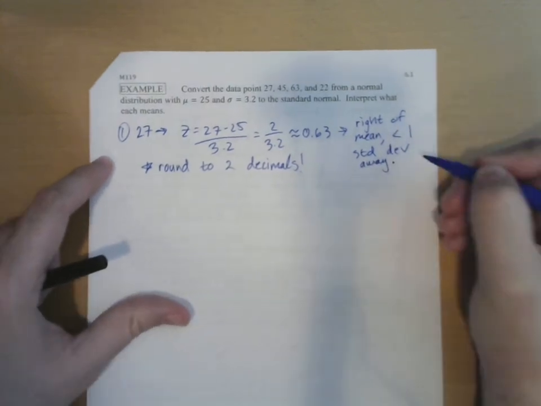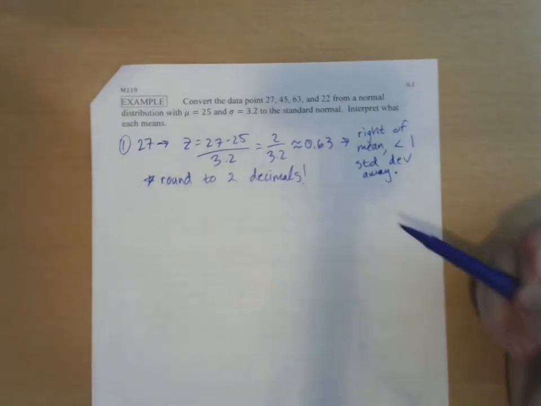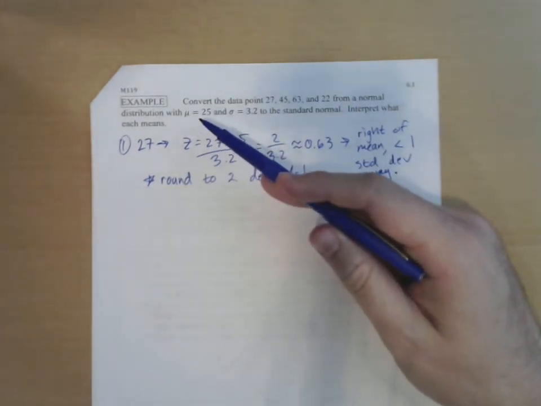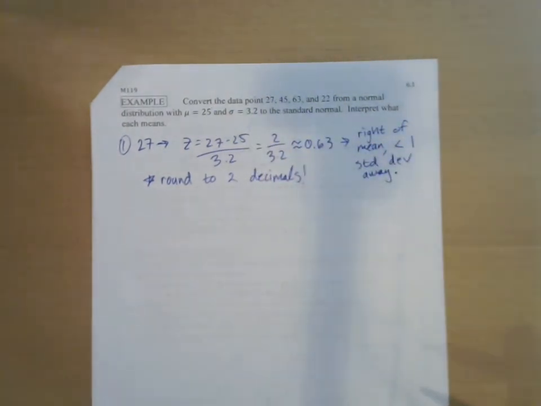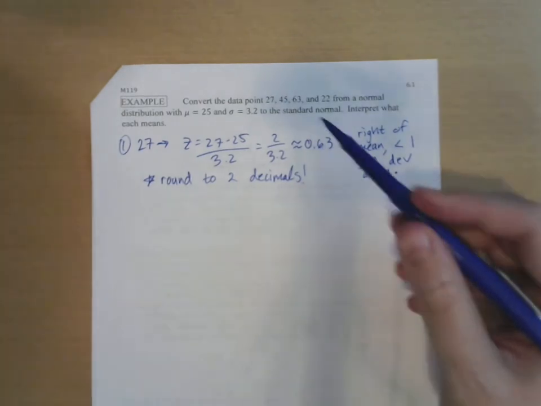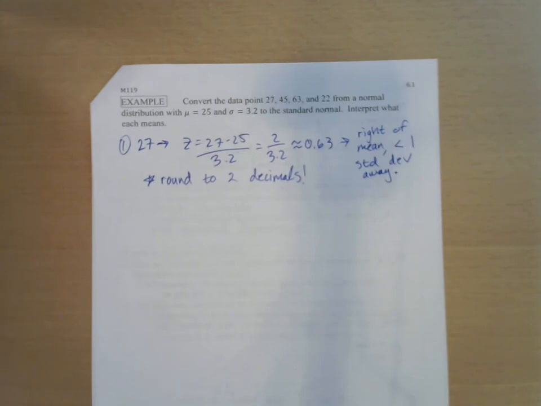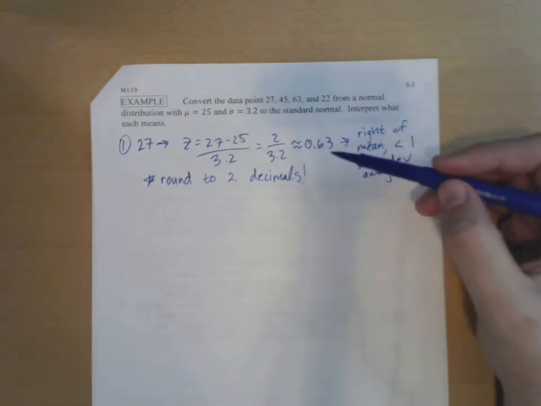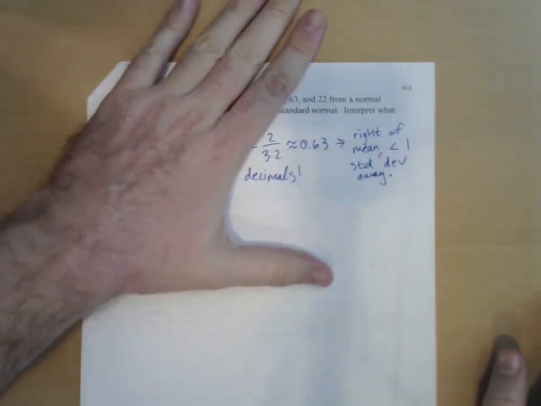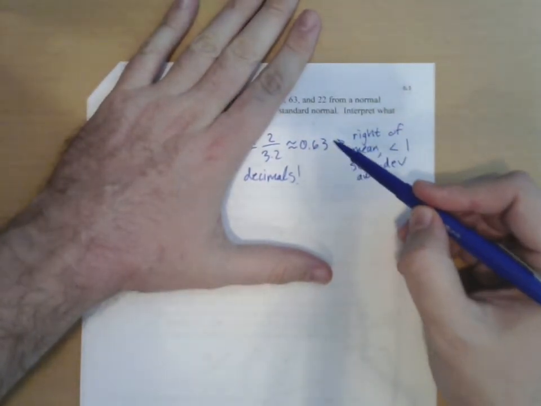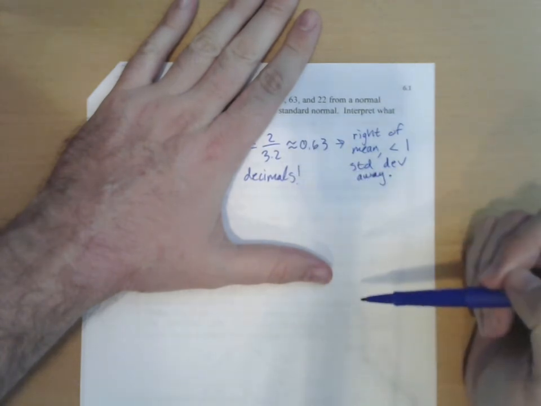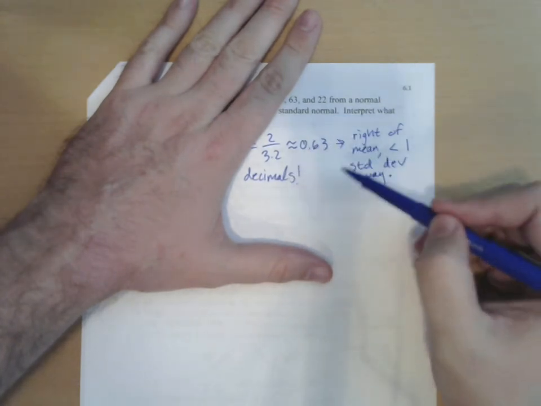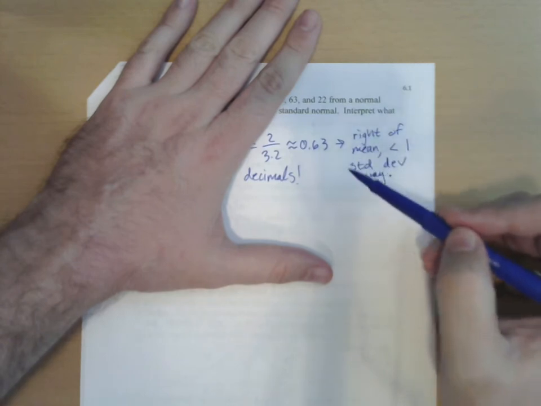Now, you may be thinking, well, duh, I can see the standard deviation, I can see the mean, and I can see the score. We're bigger than it, we're to the right, and of course we're less than 1 because we're less than 3.2. But what the standard score is about, remember this came from relative position, so this tells you without having to know any of this, if I tell you the z-score of a particular probability, because these are probability distributions, is 0.63, you know all of this information.